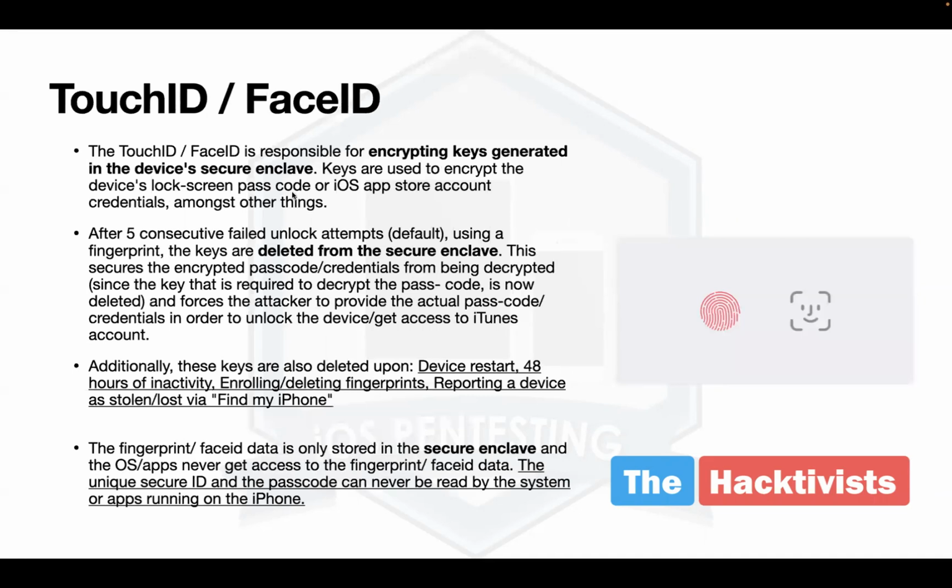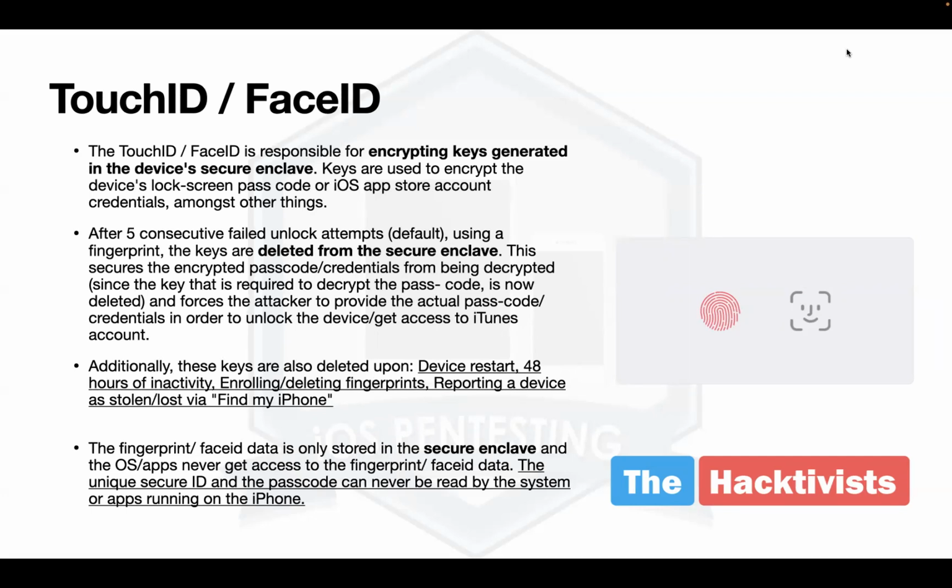Now the next thing is Touch ID and Face ID. Typically Touch ID and Face ID are nothing but the biometrics given as a functionality to us. What actually happens when it comes to Touch ID or Face ID is that they generate encryption keys, which will be used to decrypt the data which we want from the Secure Enclave, via Keychain.